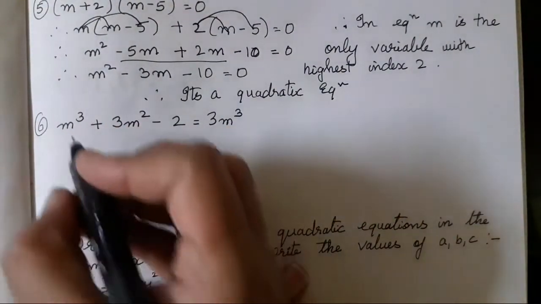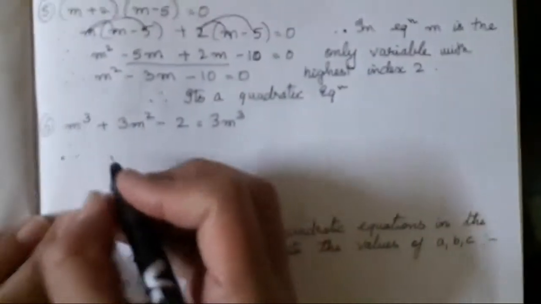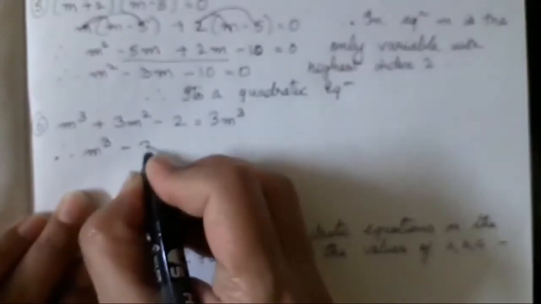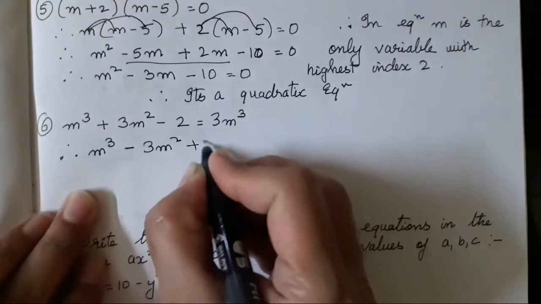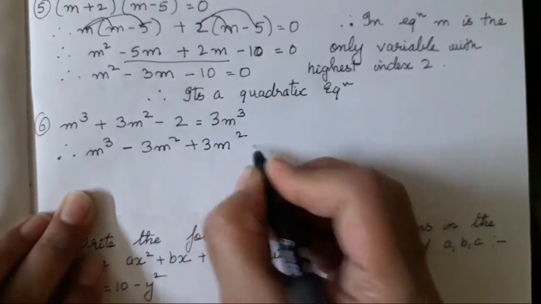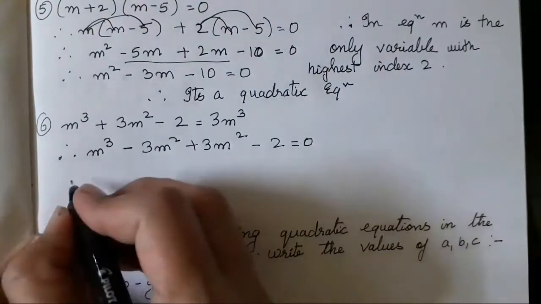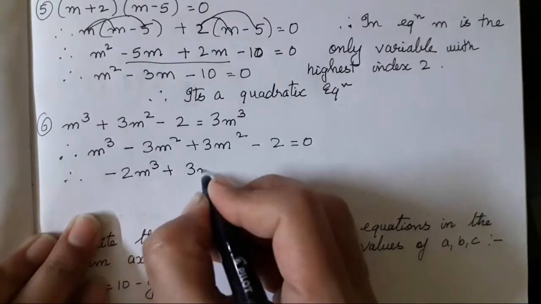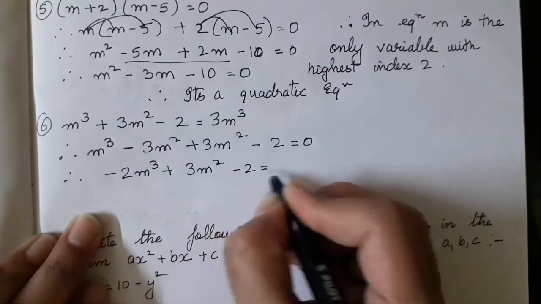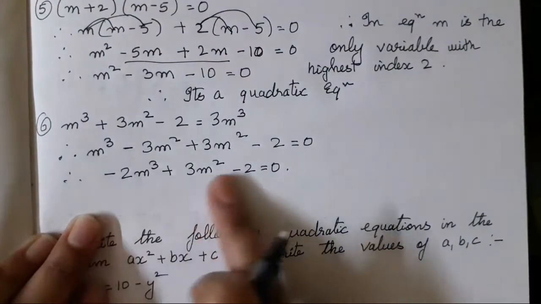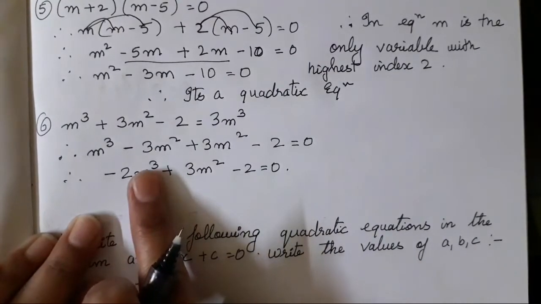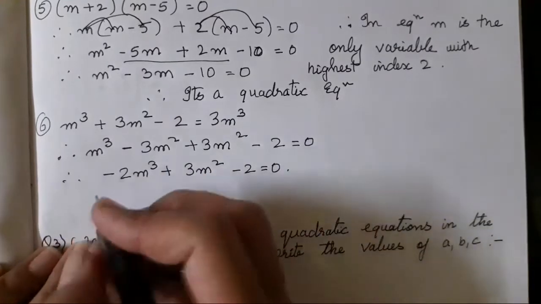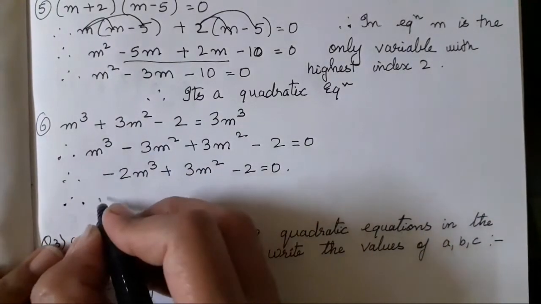First we will change this equation, that is m cube minus 3m square plus 3m square minus 2 is equal to 0. Therefore, minus 2m cube plus 3m square minus 2 is equal to 0. Okay, so the value is 3. So therefore it's not a quadratic equation.